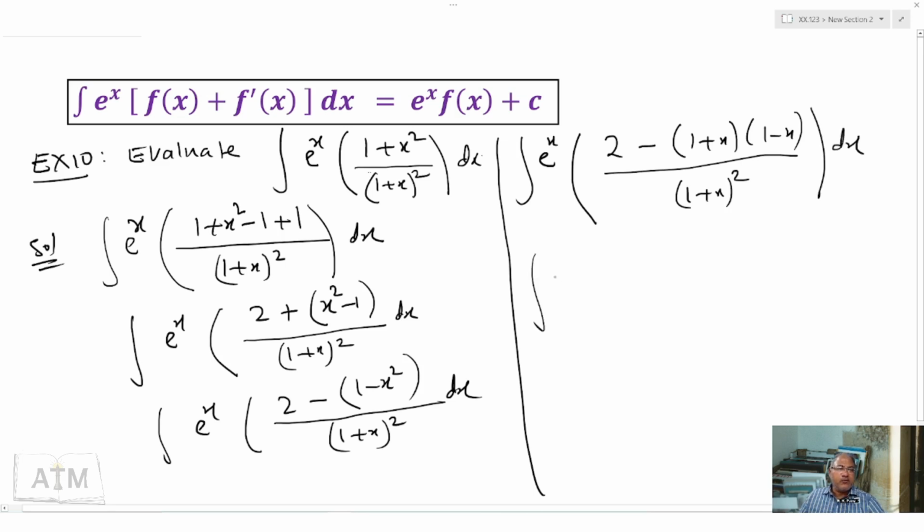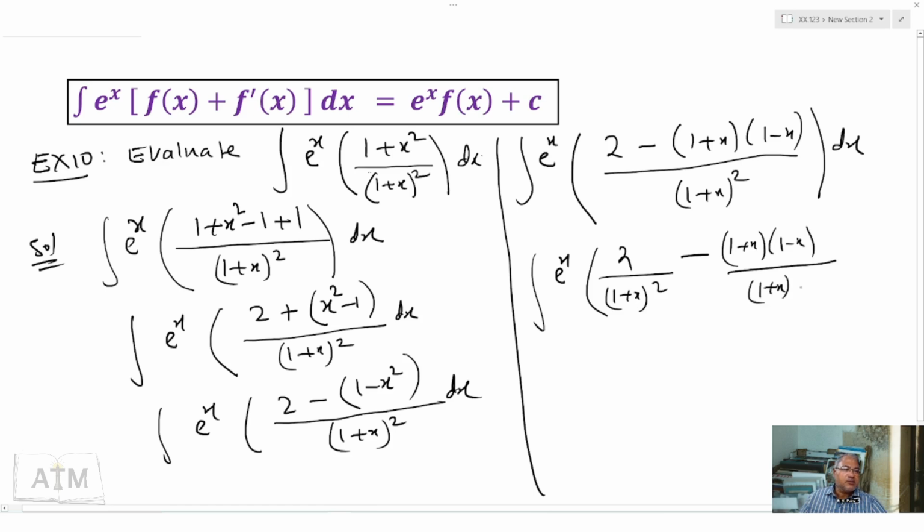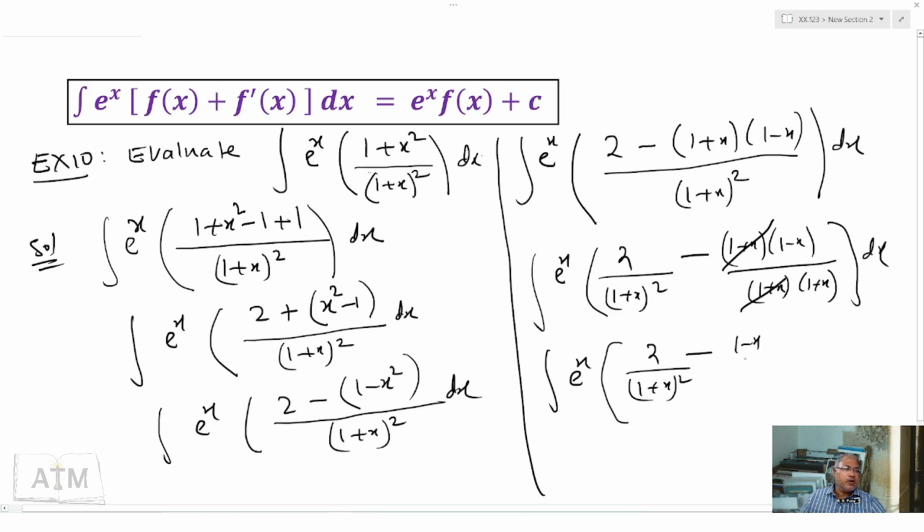Now splitting into fractions: e raised to x, 2 upon (1 plus x) whole square, minus (1 plus x) into (1 minus x) upon (1 plus x) into (1 plus x), because the square is there, so I have written it twice. Now this and this cancel, so what is left? e raised to x, 2 upon (1 plus x) whole square minus (1 minus x) upon (1 plus x), with respect to x.